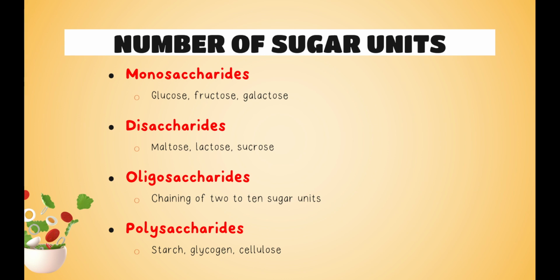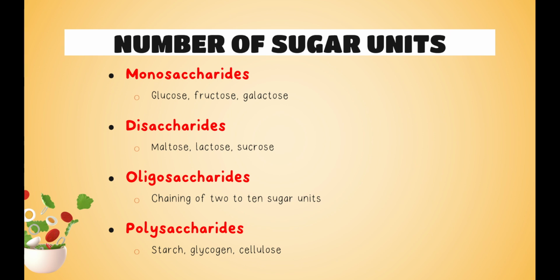When we say number of sugar units, we are referring to monosaccharides, disaccharides, oligosaccharides, and polysaccharides. Now, monosaccharides here, kids, are also called simple sugars. They are the simplest form of sugar, and they are the basic unit of carbohydrates.